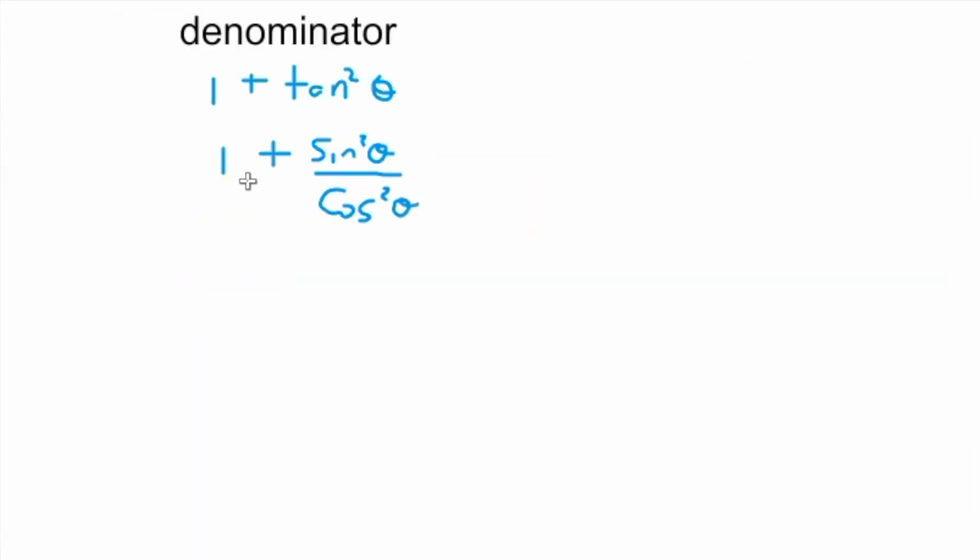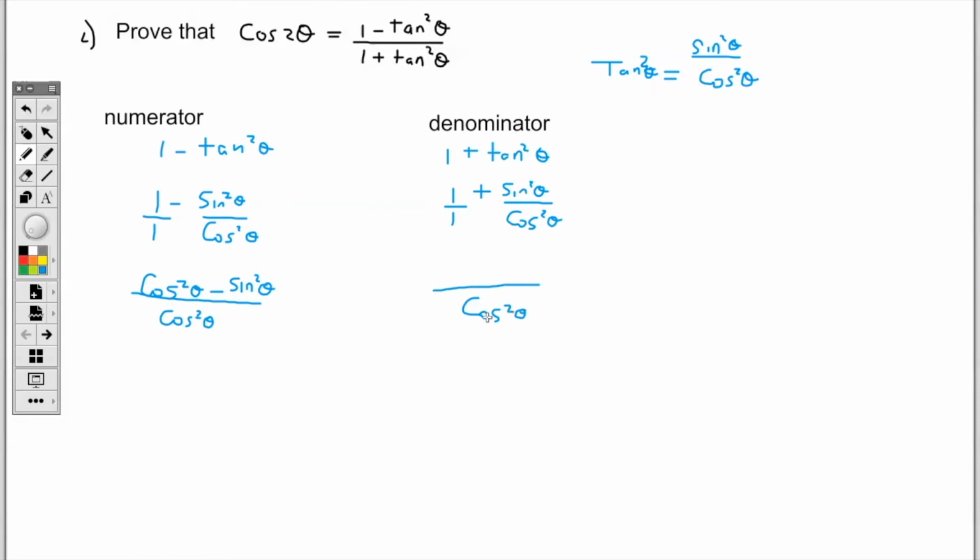Then I will be finding the LCM, so I will put 1 over 1, and the LCM for 1 and cos squared theta is cos squared theta. Now 1 into cos squared theta gives me cos squared theta. Cos squared times 1, that's cos squared theta, plus cos squared theta into itself goes 1 times, and 1 times sine squared theta gives me sine squared theta.